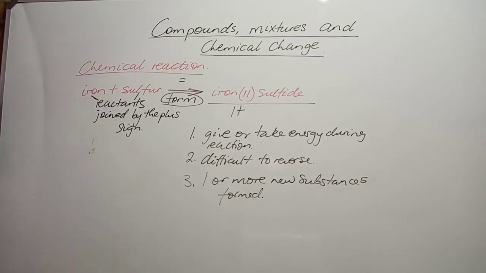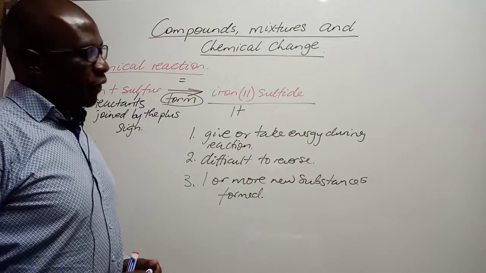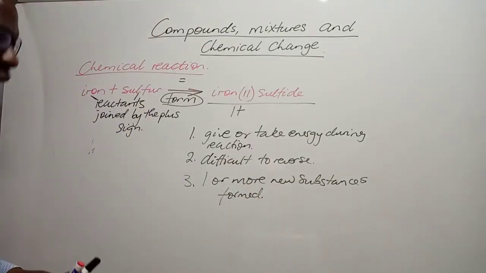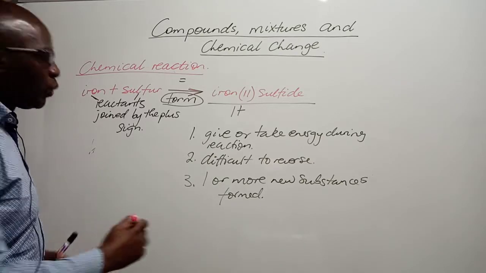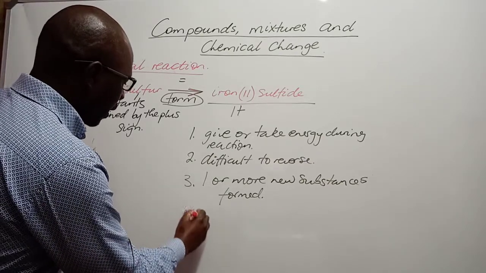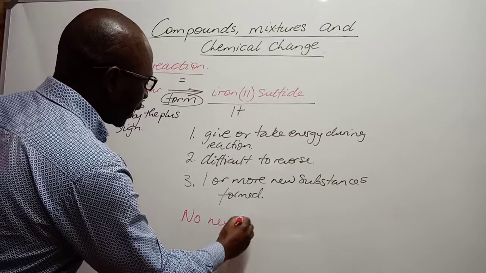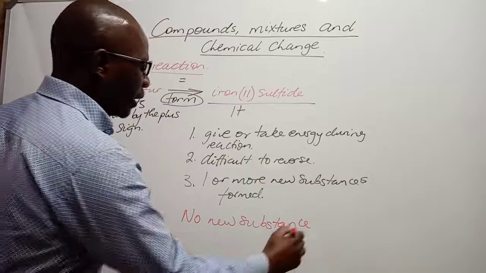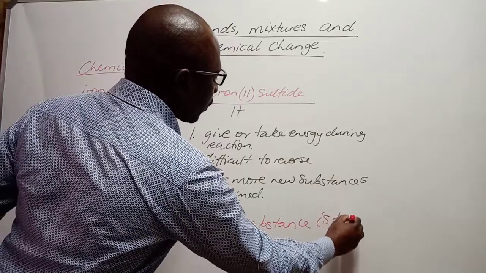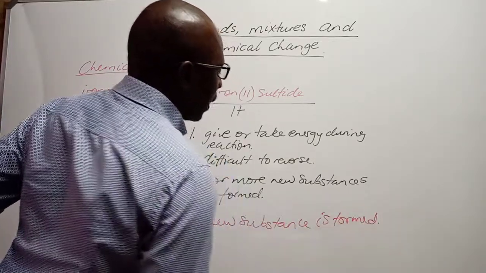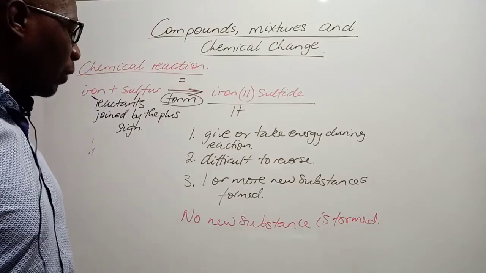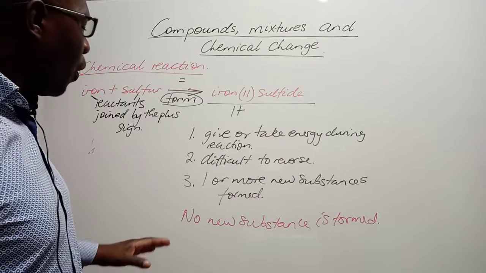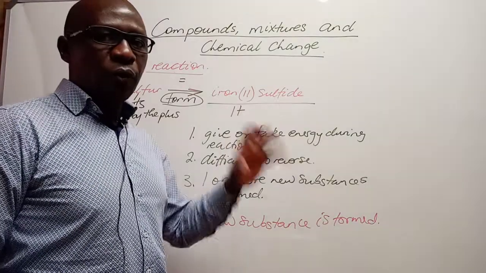On the other hand, we can also look at the physical changes, the features of the physical changes. So, in a physical change, we do not have a new substance that is formed. No new substance is formed in a physical change. What this means is when a physical change happens, there is no new substance that is formed.